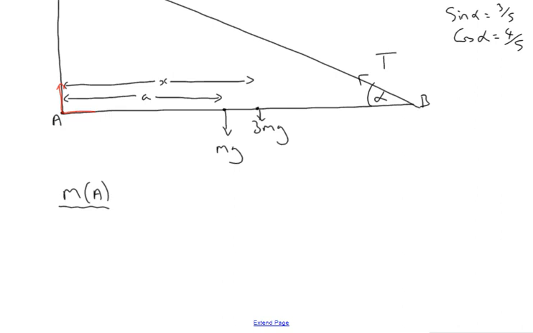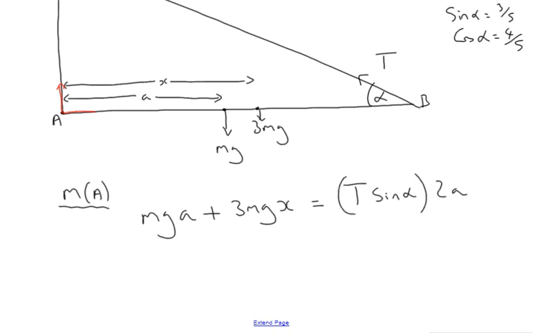So moments at A, if I look clockwise, that's mga plus 3mgx, and that's going to be balanced by the anti-clockwise moment of T sine alpha times 2a.